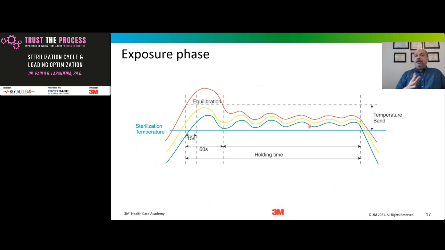And this is today the only cycle phase that is controlled, or that we have standardized requirements. Conditioning phase, drying phase, we don't have temperature variation, pressures, we don't have any requirements for those two phases, the initial and the end. But for the exposure phase, I have specific criteria to say that we have a successful exposure phase.